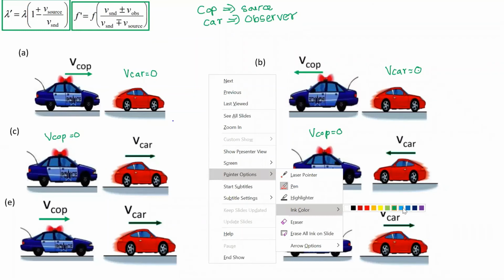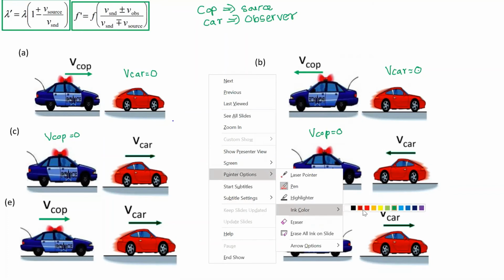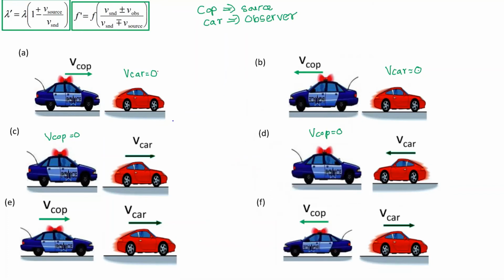Okay. Let me use a nice color. I'm going to use red color. So I'm going to write the basic equation. You all are going to tell me what terms I have. V sound. So what do I have?